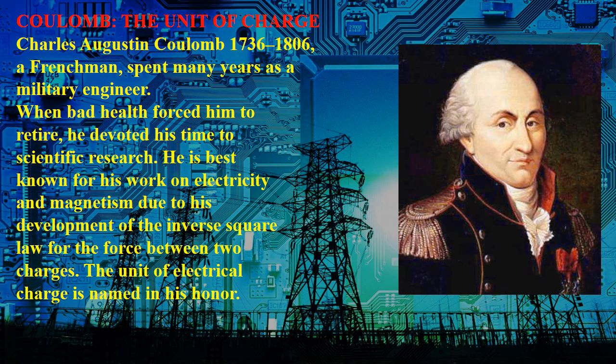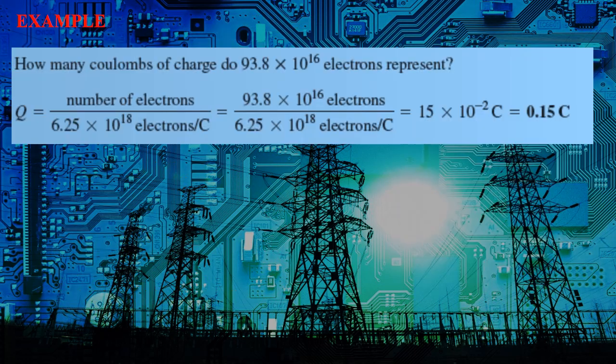He is best known for his work on electricity and magnetism due to his development of the inverse square law for the force between two charges. In other words, that's Coulomb's law. Because of his dedication and work in the field of electricity and magnetism, the unit of electrical charge is named in his honor.